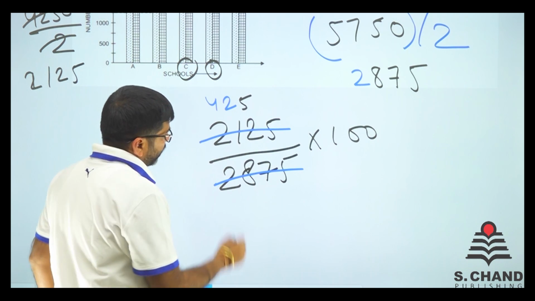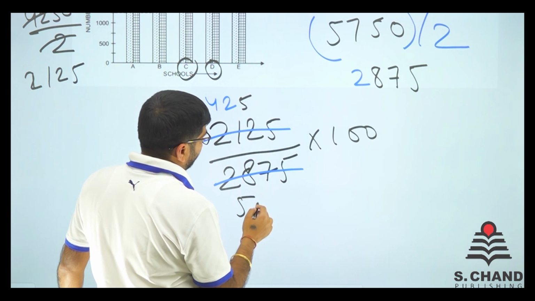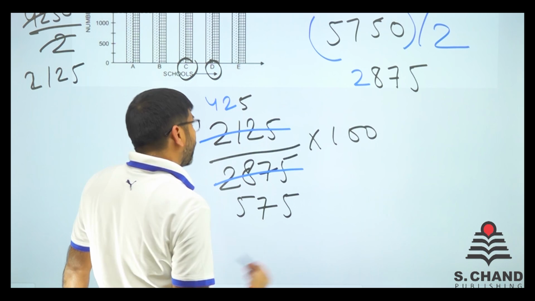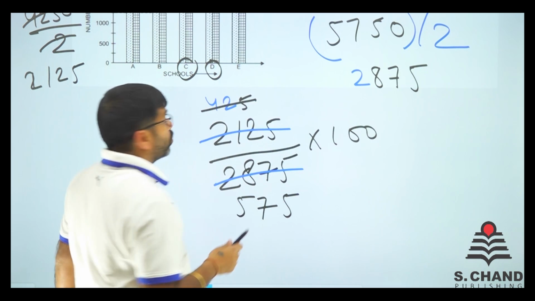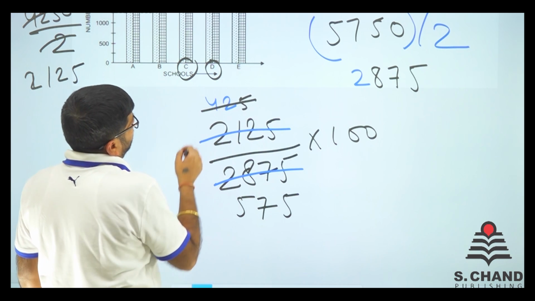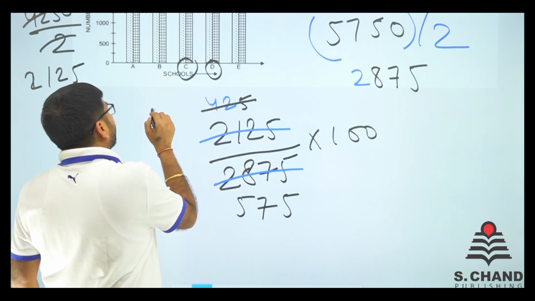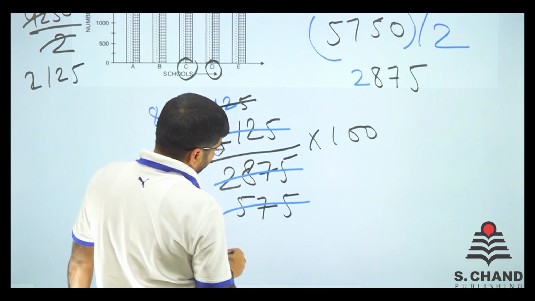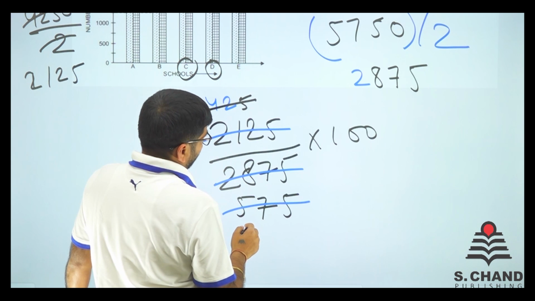Now this one, 28 is 5 times, 37 is 7 times, then we have 25, so 5. Again it is divisible by 5, so do the 5 calculation again. So 425, and 575.